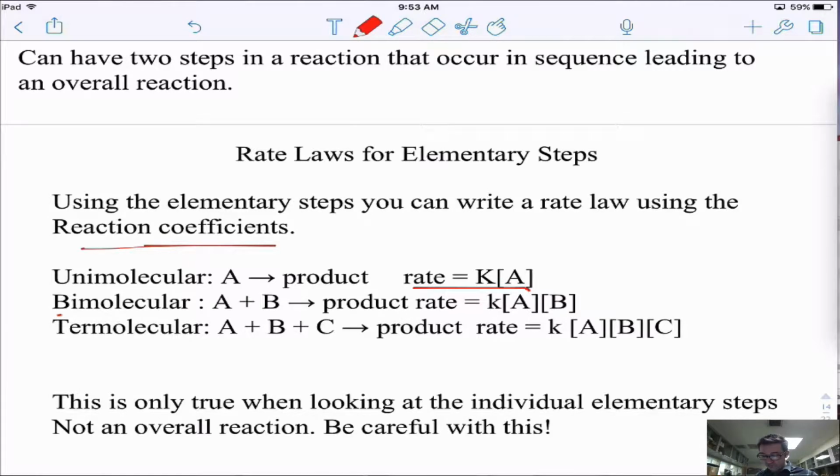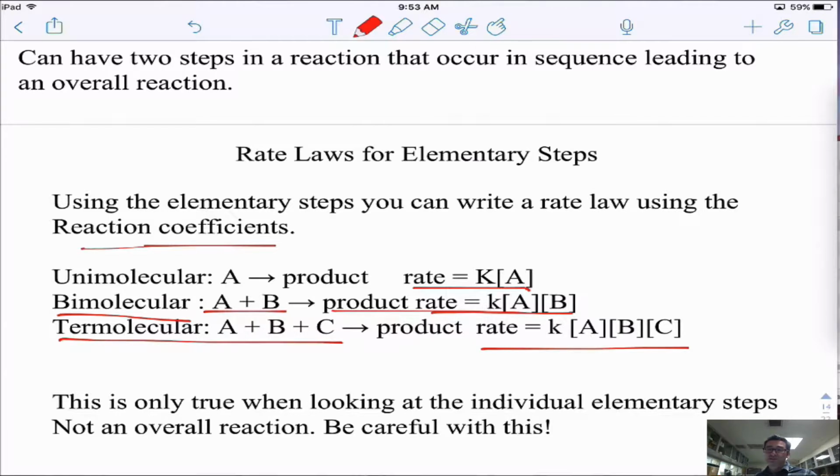If you had two reactants reacting in a single step, you could use their coefficients as the orders, and you could write a rate law for that individual step. And if you had three reactants reacting together, you could write a rate law using their coefficients that would be acceptable for that step.